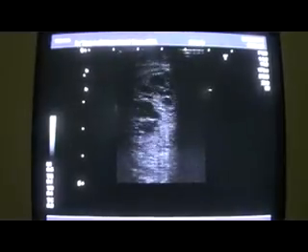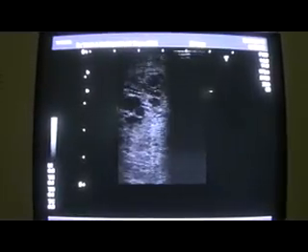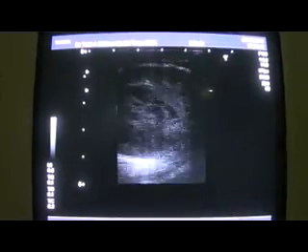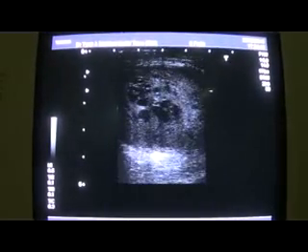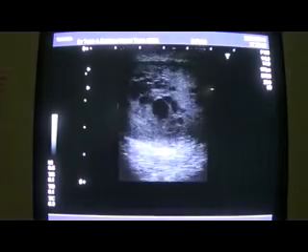If I try to get the anteroposterior diameter, this is the maximum I can get in this view, and the size of the testis is 3.2 centimeters, which is a significant size.